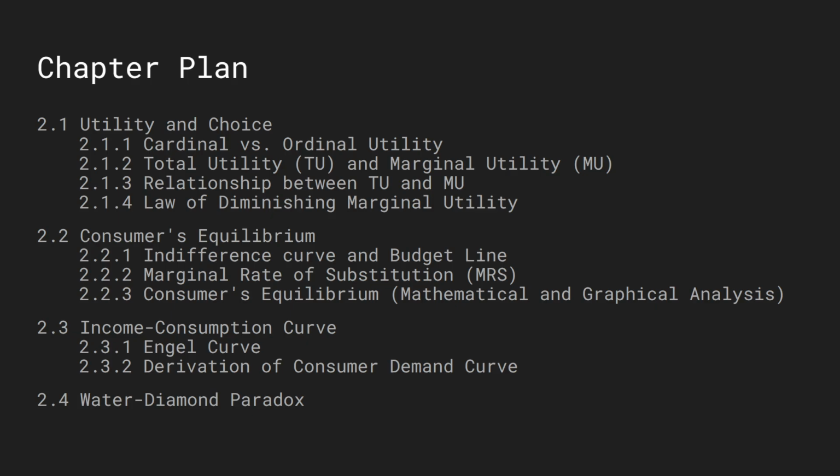For consumers equilibrium, we're going to talk about indifference curve and budget line, marginal rate of substitution MRS, and consumers equilibrium. For income consumption curve, we're going to look at Engel curve, derivation of consumer demand curve, and the last topic is water diamond paradox.